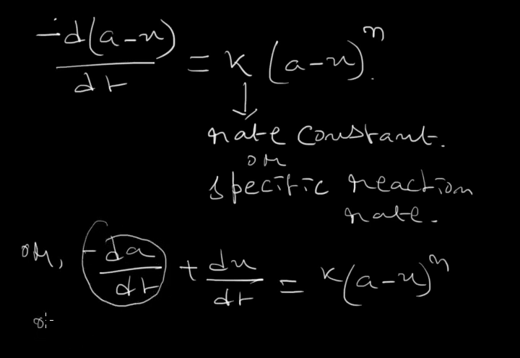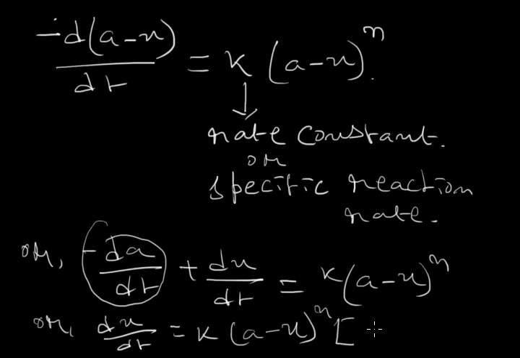Therefore, we can write dx dt equal to some constant K into (a minus x) whole to the power n, because da dt is equal to 0 since a is constant.